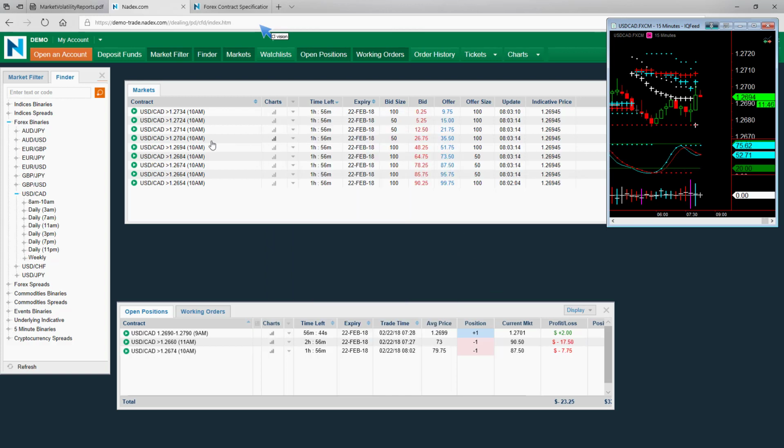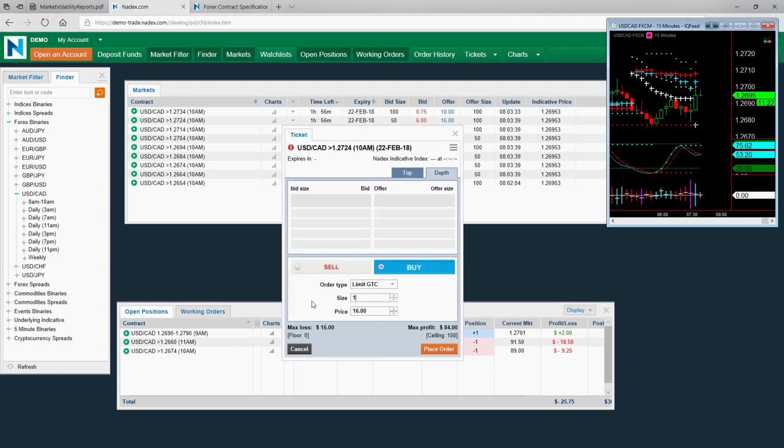And I want to look to see if there's one that I want to do on the long side. In this case, I wish I could get that a little bit cheaper. And these strike widths on the Canadian are 10 pips, okay? So that's going to make a difference as well. This would give me $45 of risk. I'm going to go ahead and venture to the 27.24, okay?